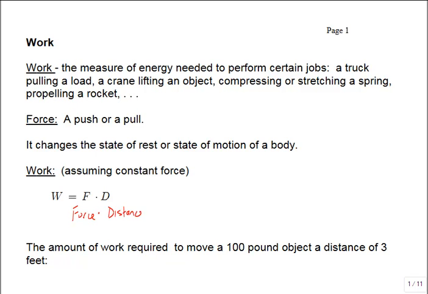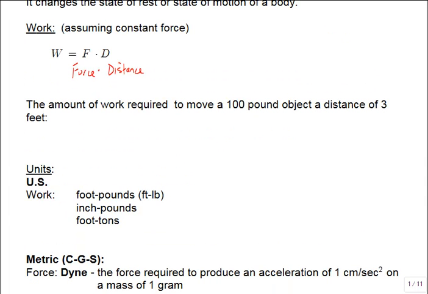So for example, if you want to figure out the amount of work required to move a 100-pound object a distance of 3 feet, then the work would be the force, which is in this case the weight of that object, which is the 100 pounds, times the distance that we want to move it, which is our 3 feet. And so this would be 300, and notice the units here. We're going to call these foot-pounds.